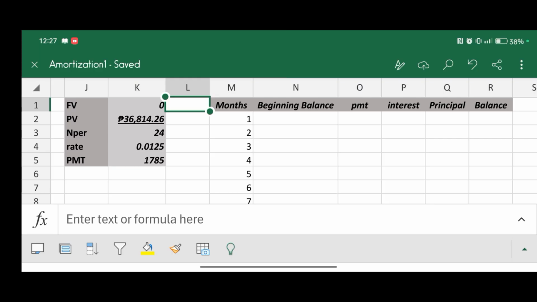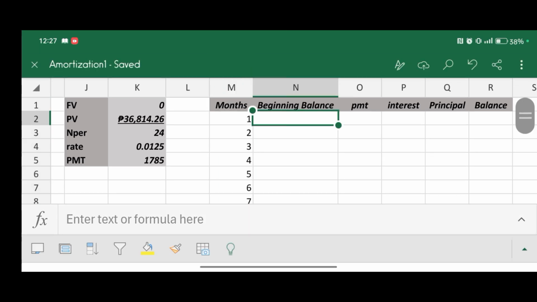In the first column, we have the number of months, followed by the beginning balance, the PMT or the payment, interest, principal, and the balance or the remaining balance. In this first column, we are given 24 equal monthly payments, numbered 1 to 24.